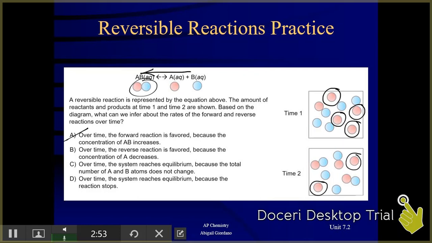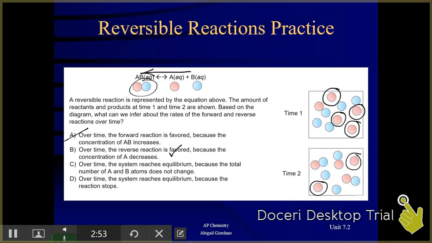Sounds good because the concentration of A decreases. That sounds pretty good, but let's keep reading. C says over time the system reaches equilibrium because the total number of A and B atoms does not change. Well, the number of A particles and B particles did change.